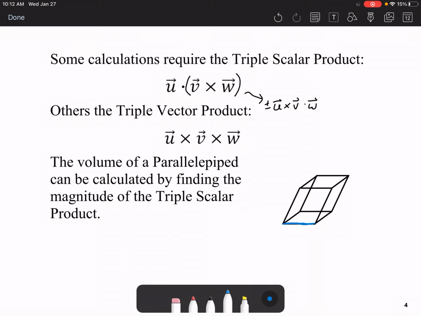Let's say we have a parallelepiped that can be described using vectors U, V, and W coming out from one corner. So let's say this is U, this is V, and the other one is W. Well, in order to find the volume of such an object, you just have to work out the triple scalar product's magnitude.